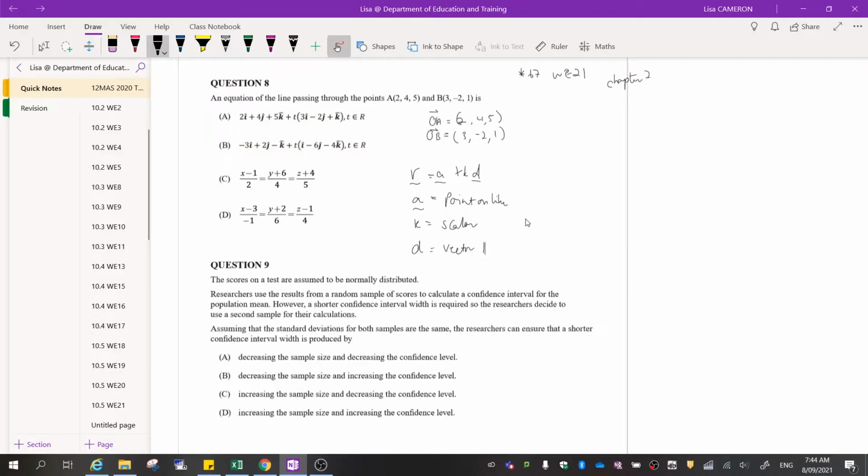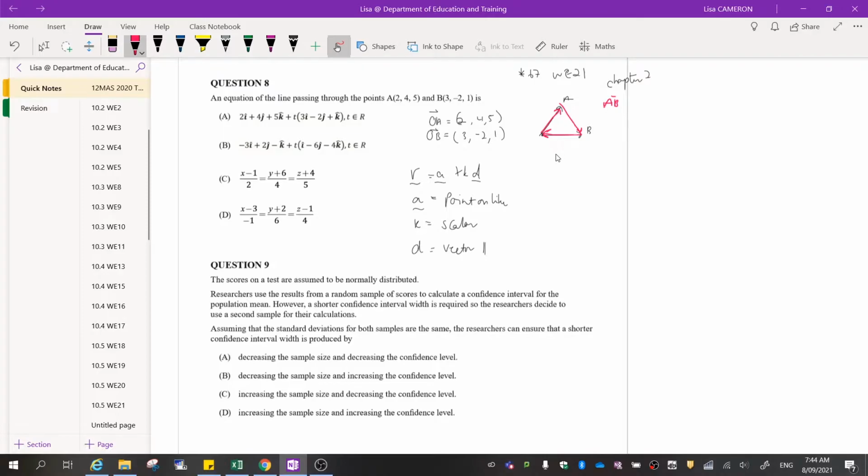Next, we go back to what we know about vectors. Up here is A, and over here is B. If I want the vector from A to B, I need this one to be traveling in the opposite direction, because that way I'll get this to this, which gives me my vector.